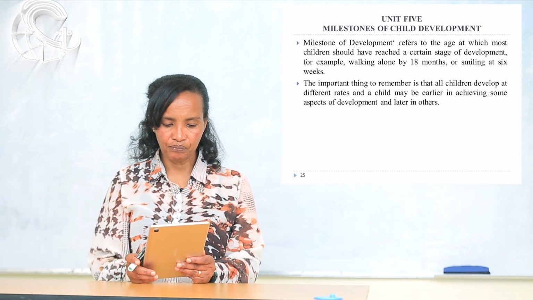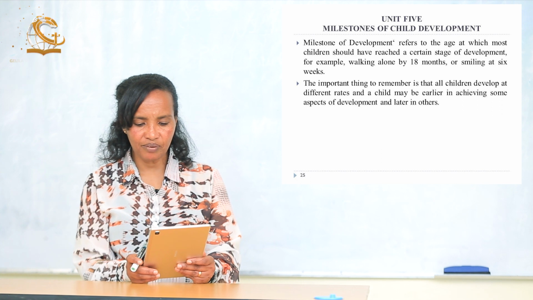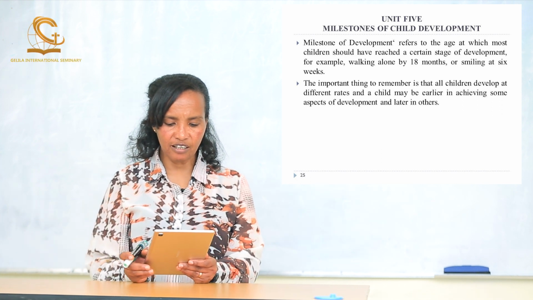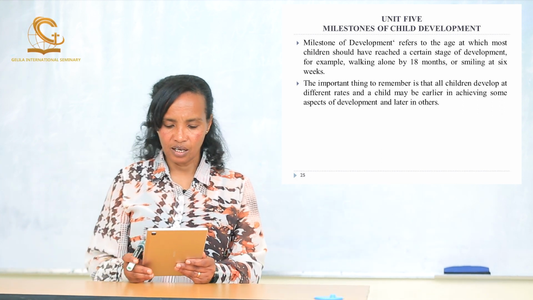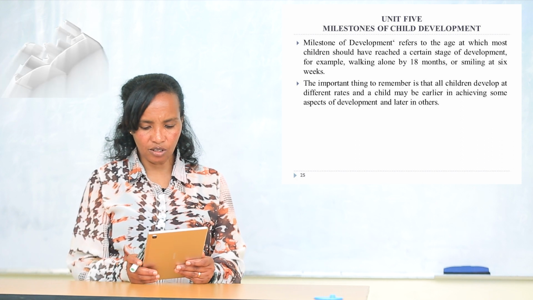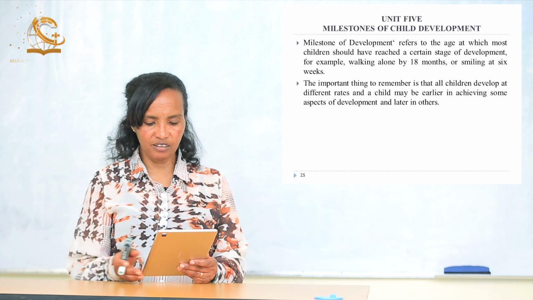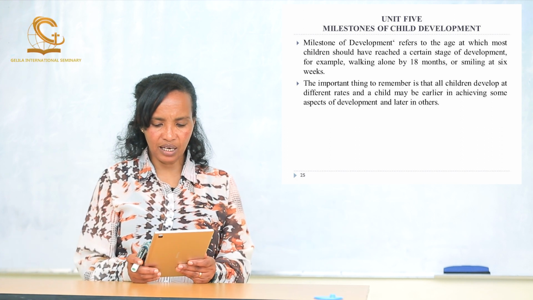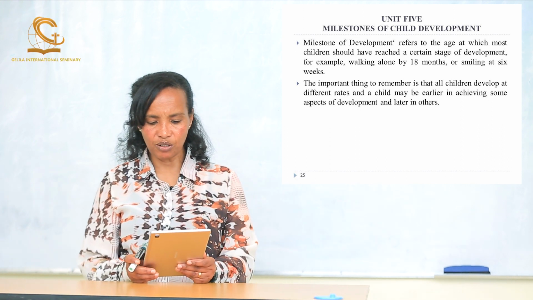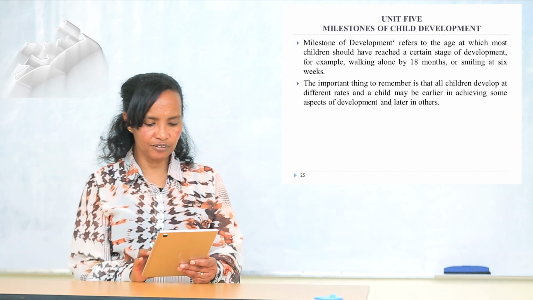The important thing to remember is that all children develop at different rates. As we have said earlier in Principles of Development, individuals develop at different rates, and a child may be earlier in achieving some aspects of development and later in others.